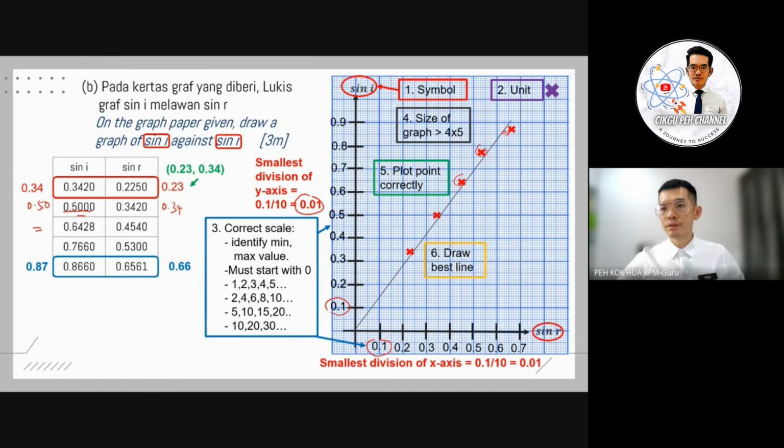And the distance of the points to the line must be the same. So for example, here is this distance, and for this point the distance will also be the same. So we do not accept all points on the line or all points under the line. So the baseline means there are points above the line and also under the line. So if you fulfill all 6 tips here, you will get the full 3 marks.